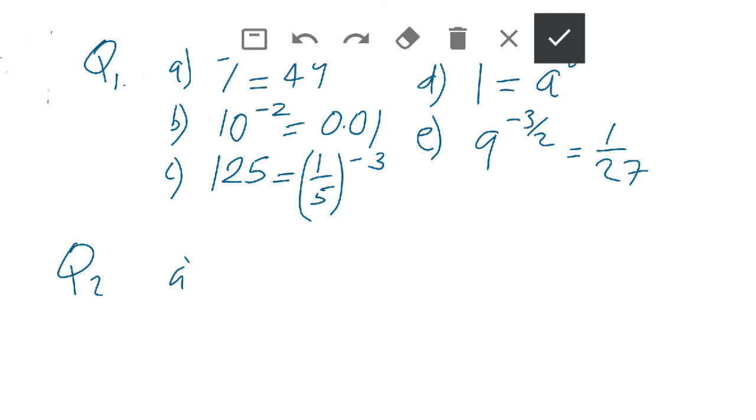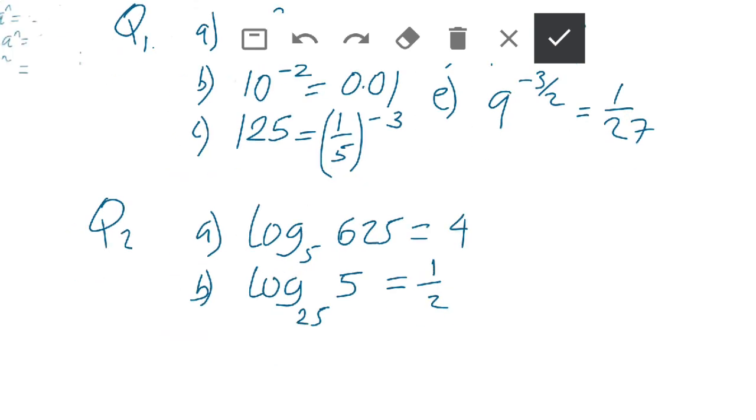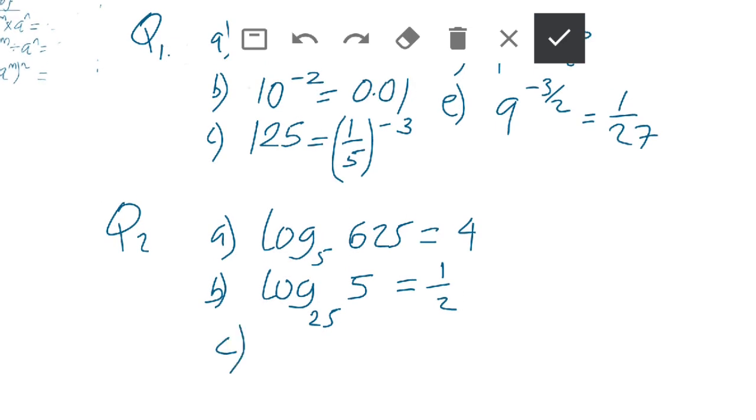A, the log to base 5 of 625 equals 4. B, log. C, equals 2.